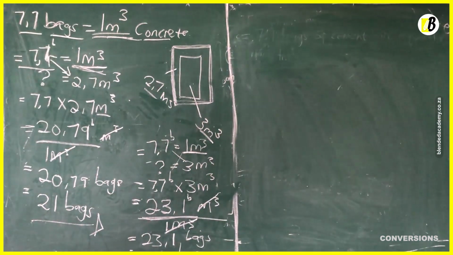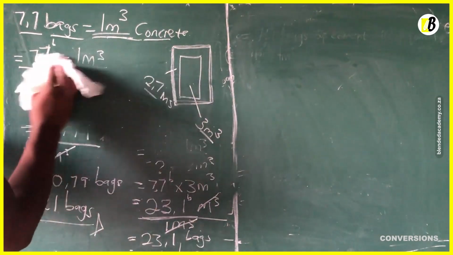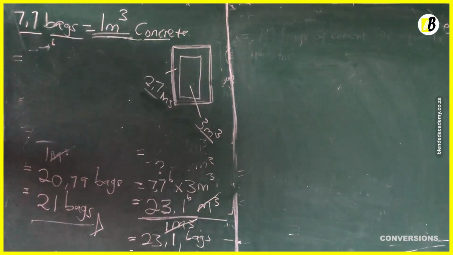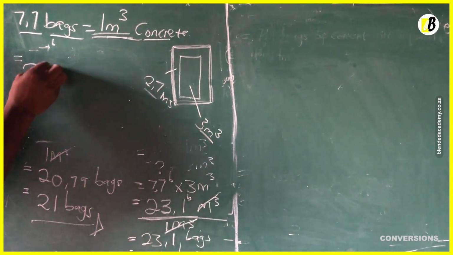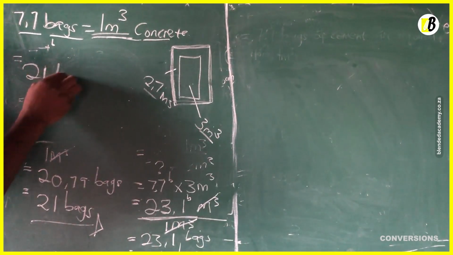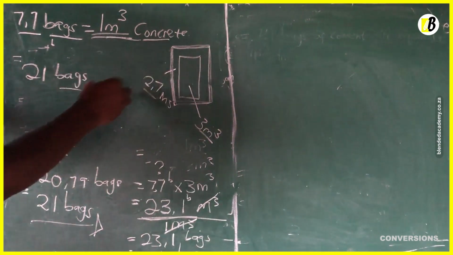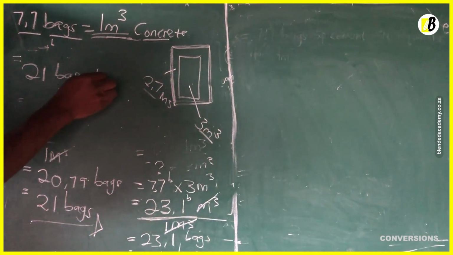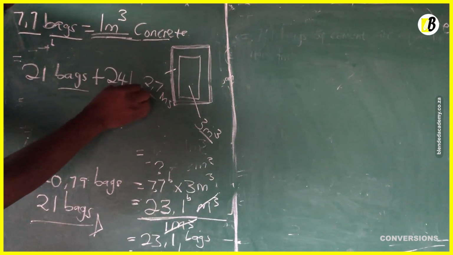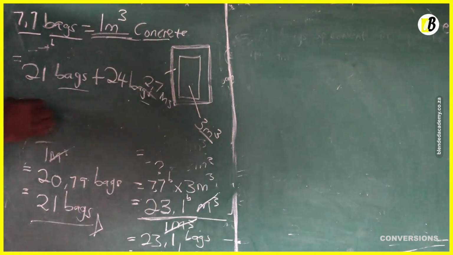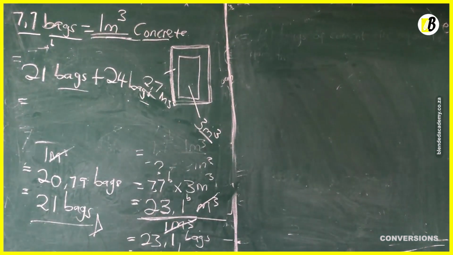So now we have to find the total number of these bags. So I'm going to write up here. So we have 21 bags plus 24 bags, right? There we go.